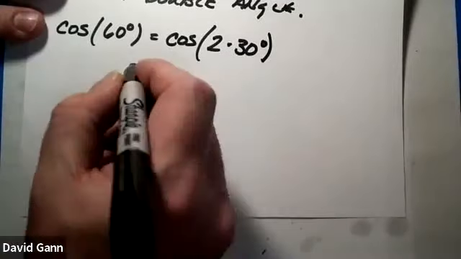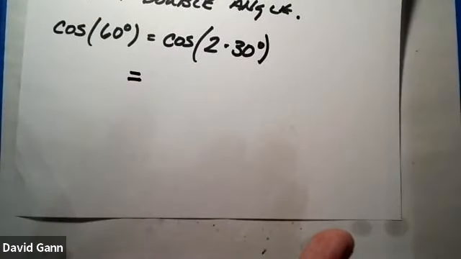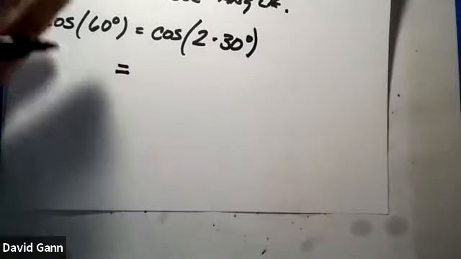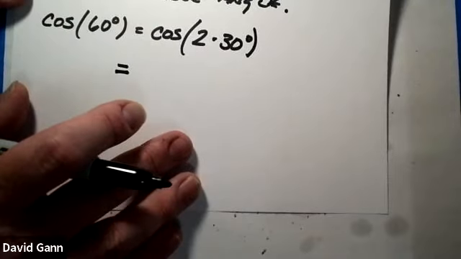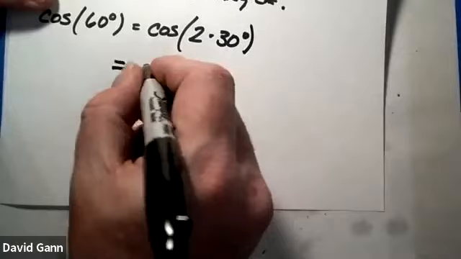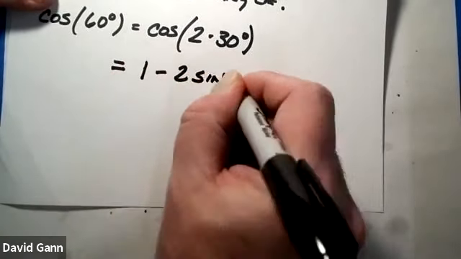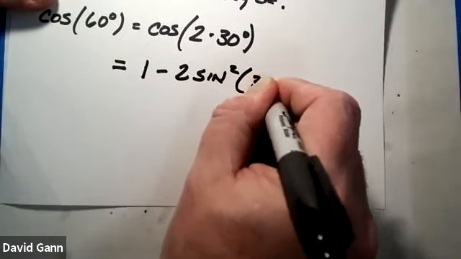Anyways, using the sum formula, I'll just do one. Let's just use sine, right? The so-called second version that we derived, which is that it's 1 minus 2 times the sine squared of whatever the regular angle is.